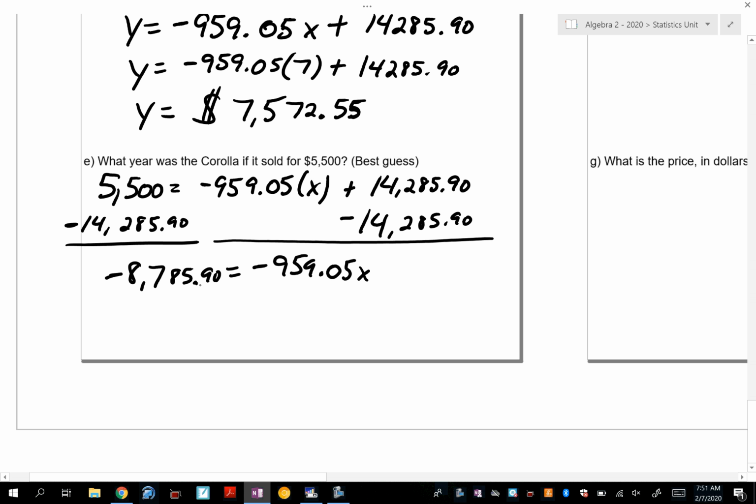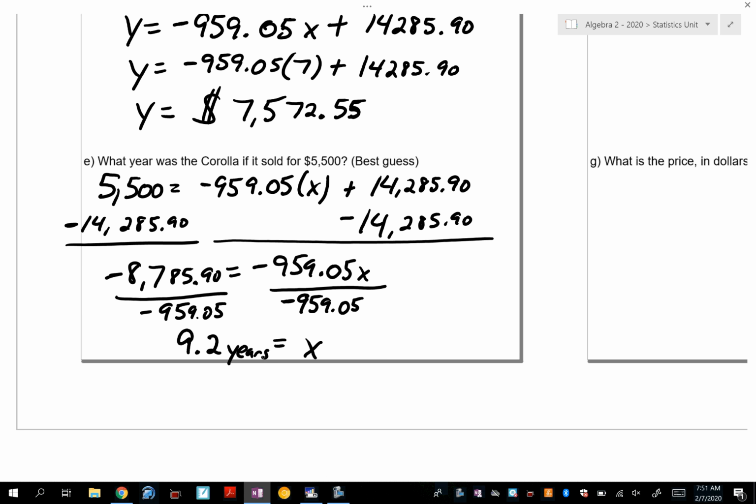Now, how do I get rid of that negative 959.05? You divide, very good. When we type that in, I know it's going to become a positive. And I got 9.2 years. So when it says best guess, about how old was this Corolla? That's closest to 9 years. So I would write it's about 9 years old.